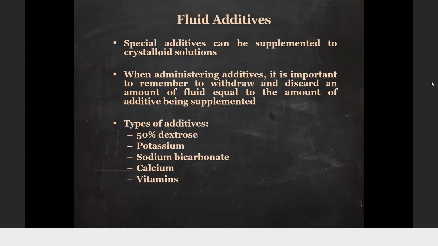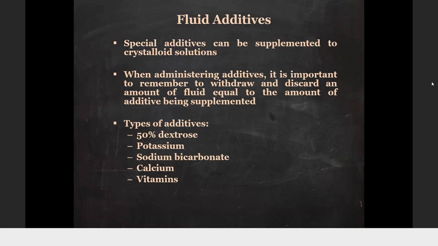So, fluid additives. You can also give some fluid additive to accompany the crystalloid and colloid in some cases. Normally people give additive based on whatever losses the animal encountered. For example, if the animal has projectile diarrhea, a lot of electrolytes are lost from the body.